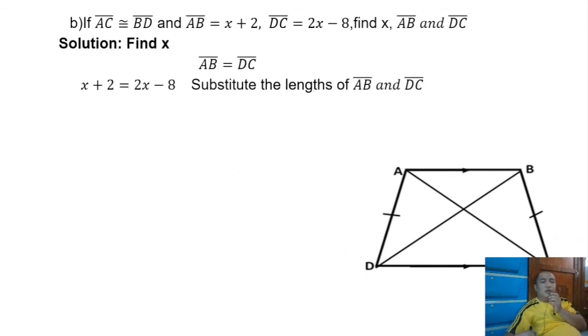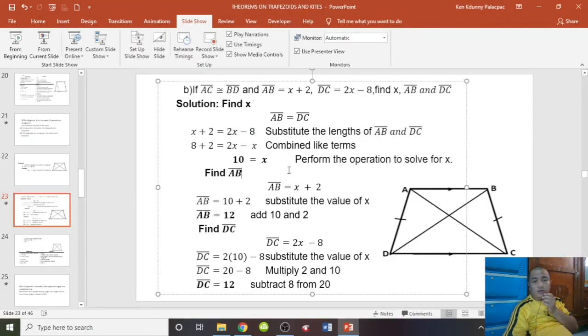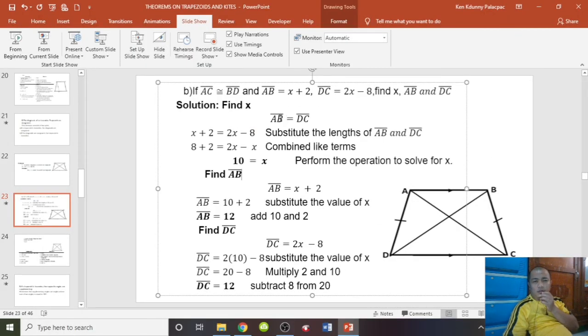How's this? AB is congruent to DC. Wait, this should be AC. AC is congruent to BD. Medyo nagkamali dito sa nasulat natin, no?